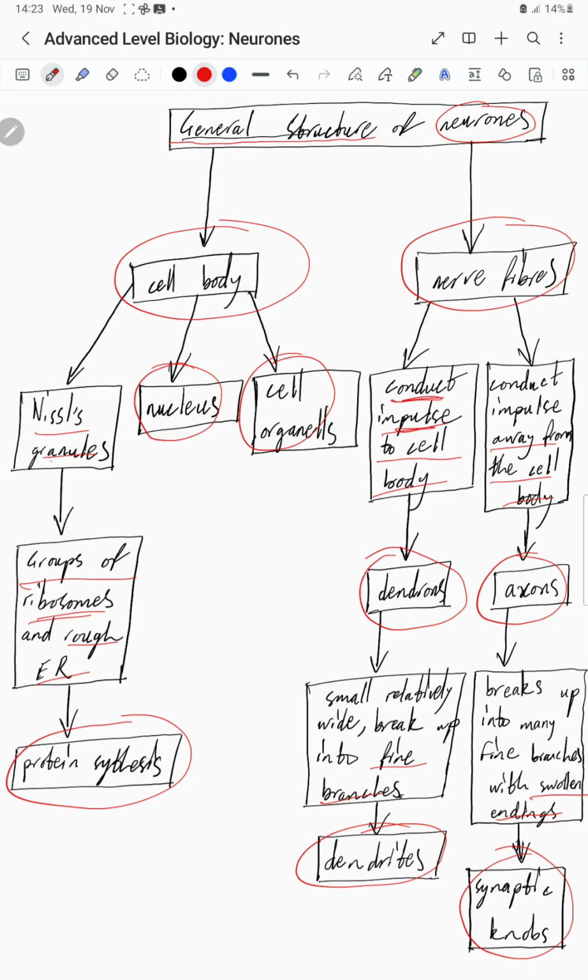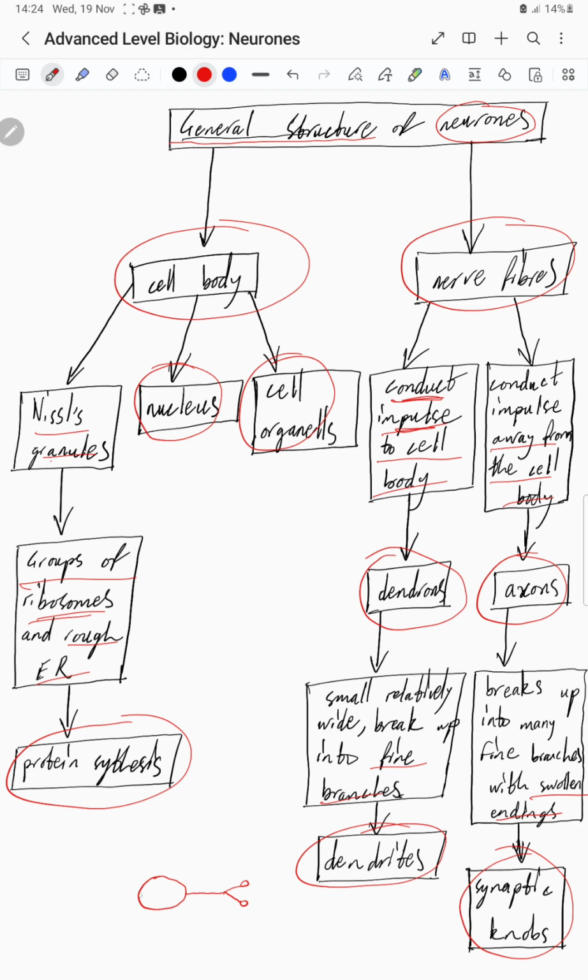So from this information, you can have a general way of looking at the nerve structure. We have the cell body, and we have the nerve fiber which conducts impulses from the cell body, and that branches and forms swollen ends.